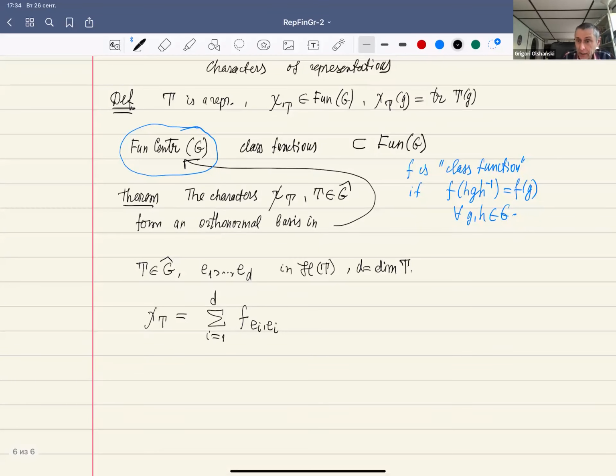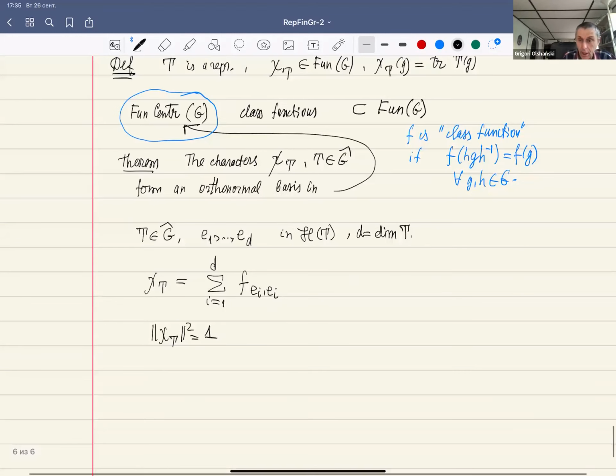And again, apply the orthogonality relations. Applying them, we see first that the characters of distinct irreducible representations are orthogonal. As a consequence, they are linearly independent. And next, they are orthonormal because one can verify again from the orthogonality relations that the squared norm is equal to 1.